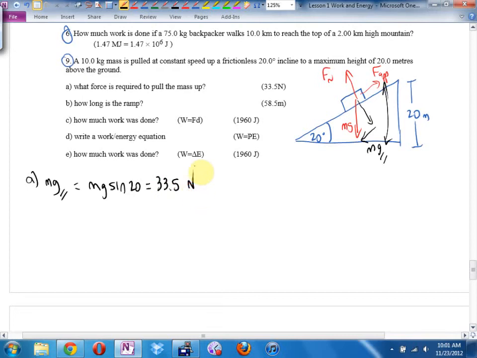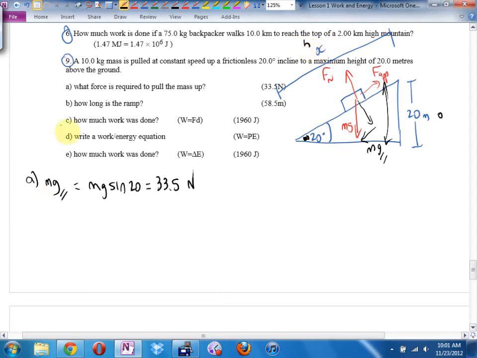How long is the ramp? Okay, now I'm going to do some basic trig. This length here is x. Here's my angle. Opposite, yes? Hypotenuse. Which trig function?